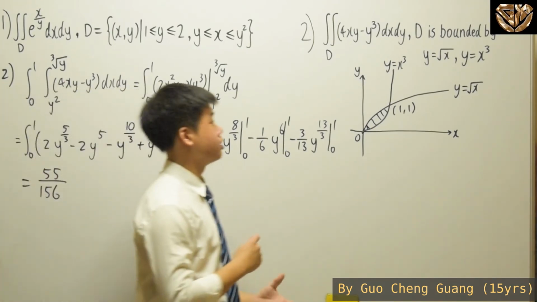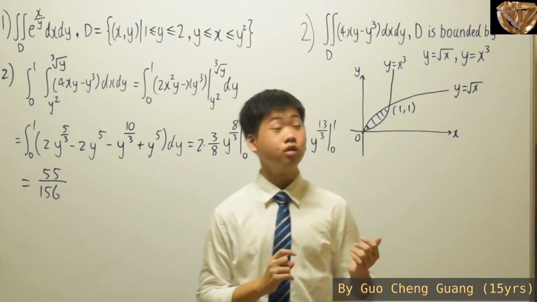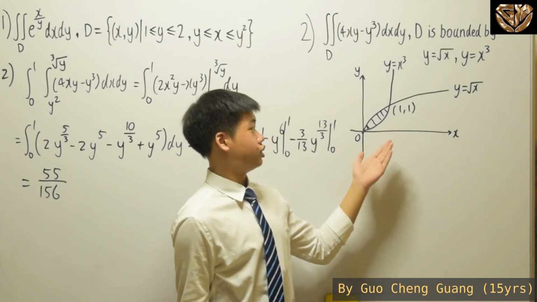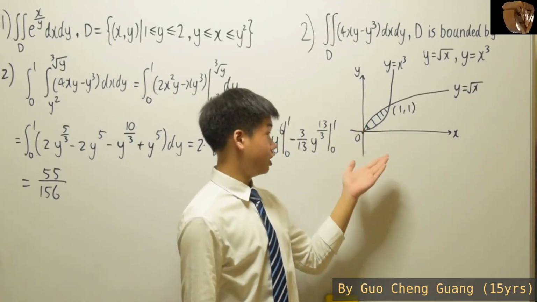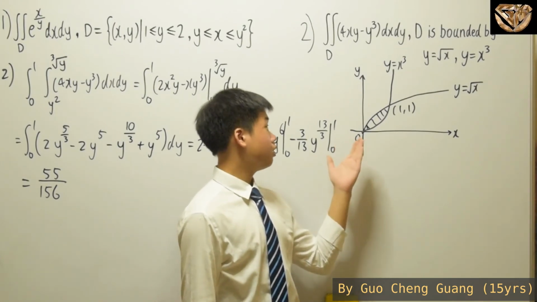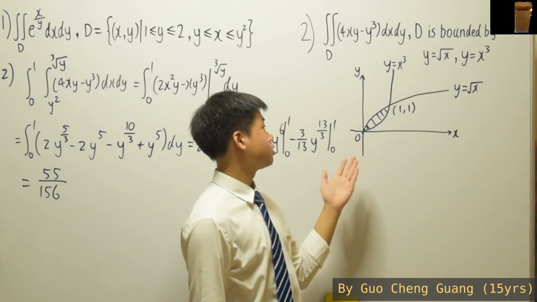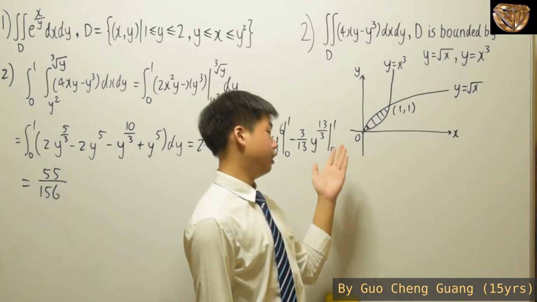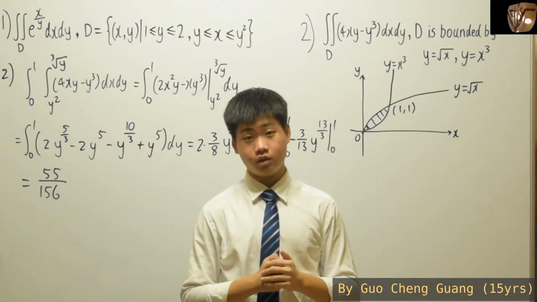Now, what kind of methods do we use? Of course, again, we looked at the boundary of the integration, determining your start range for x, start range for y, and of course their respective end values.